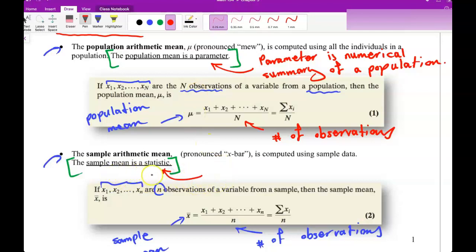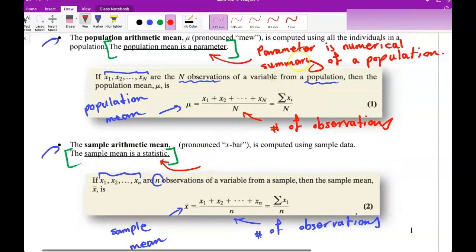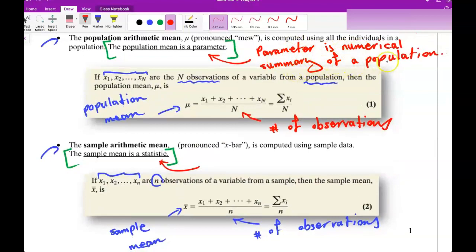Now the sample mean is a statistic. That one was a parameter, a numerical summary of the population. This part here is a statistic, a numerical summary of a sample.